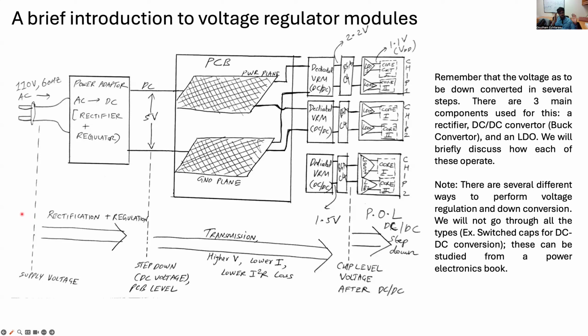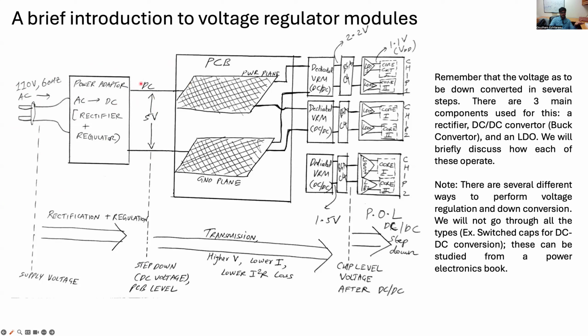So let's go back to our original schematic of the power distribution network for a server system. Here, as we discussed earlier, there is some AC input, say 110 volts, 60 hertz, and then there's the power adapter, which converts AC to DC. It both steps down the voltage from a high to a lower value and then rectifies it.